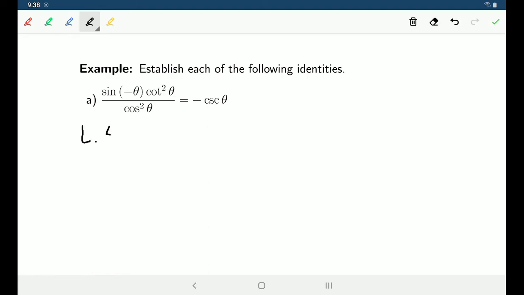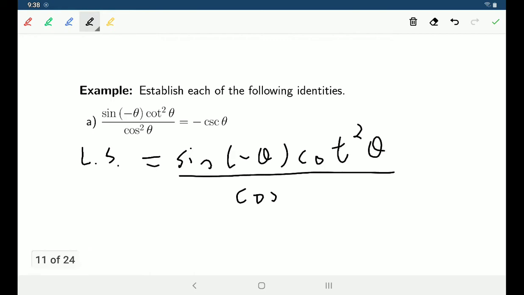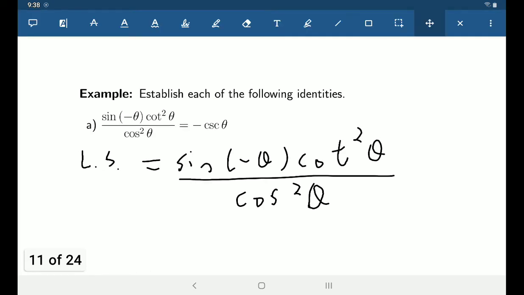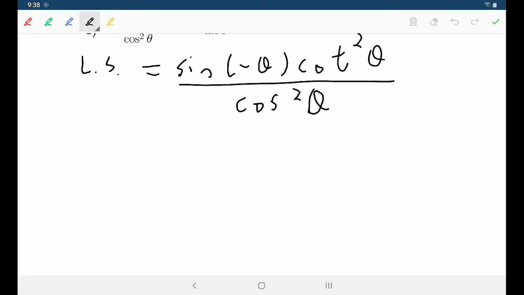And on my left side, I have sine of negative theta cotangent squared theta over cosine squared theta. And the first thing that I'm going to do is look at that sine of negative theta and say to myself, well, I'm going to apply my even odd properties. Sine is an odd function, so sine of negative theta is negative sine of theta.